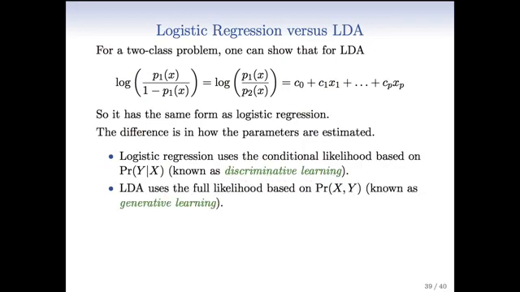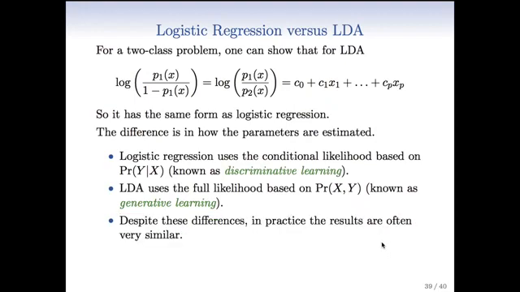Discriminant analysis estimates these parameters using the full likelihood, because it's using the distribution of x's and y's, whereas logistic regression was only using the distribution of y's. In that case, it's known as generative learning. Remember, we modeled the means and variances of x in each of the classes, and we modeled the prior probabilities. So that can be seen as modeling the joint distribution of x and y.